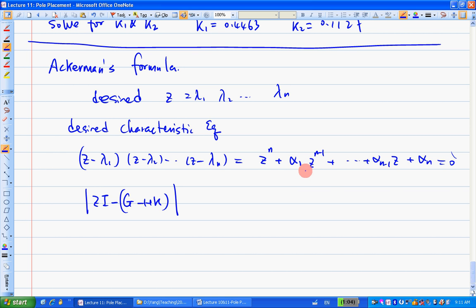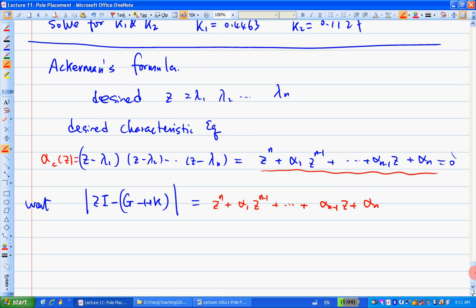So let's say I call this alpha c of z, the desired one here. I need this to be the same as this, with a proper K matrix.